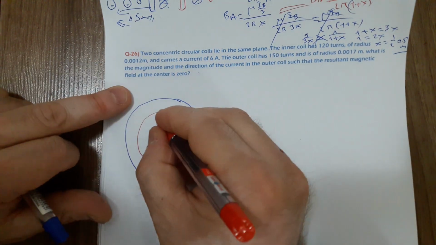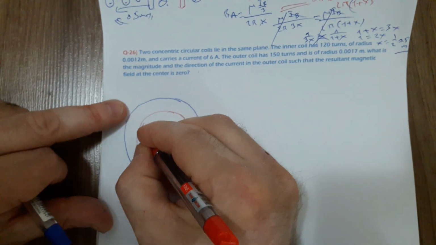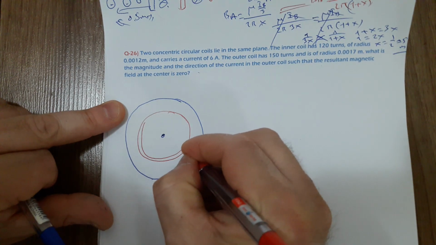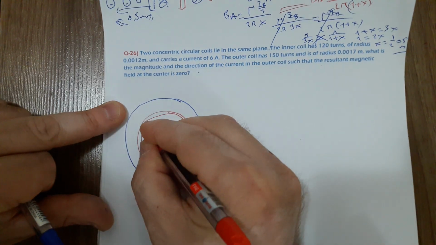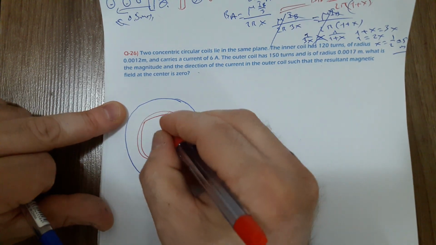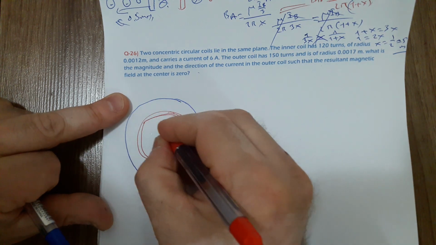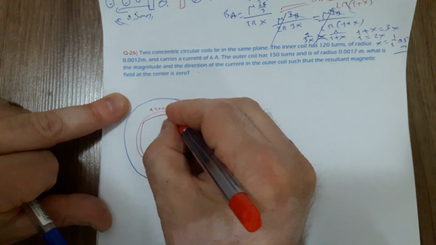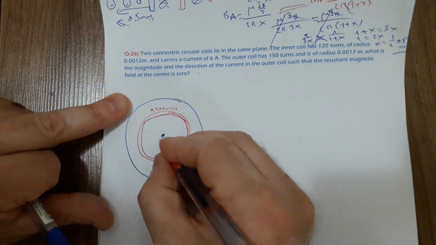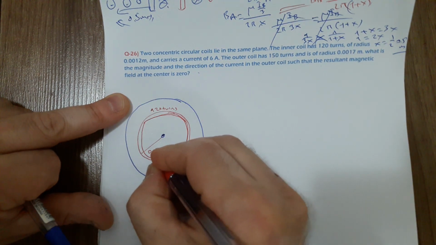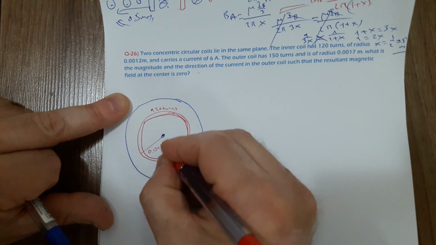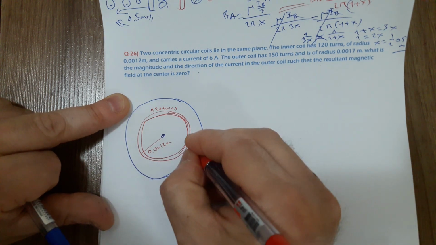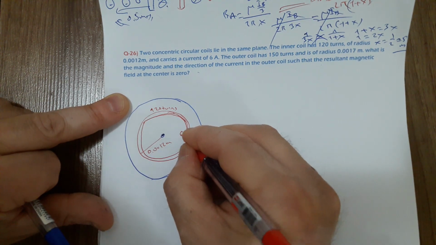This red one, let me draw it a little thicker so that it's a coil, not a wire. There are so many loops. So the inner coil is 120 turns, radius 0.0012 meter, and carries a current of 6 ampere.